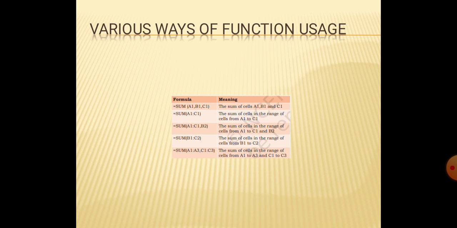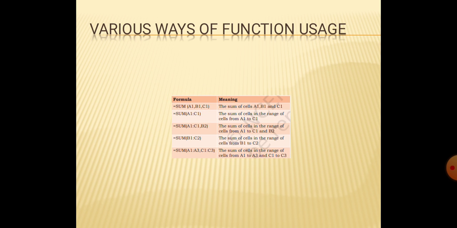Next one is various ways of function usage. In different ways we can use the function. For example, sum of A1, B1, C1. We can selectively mention the names of the cells and include them under the function, as mentioned in the first line.